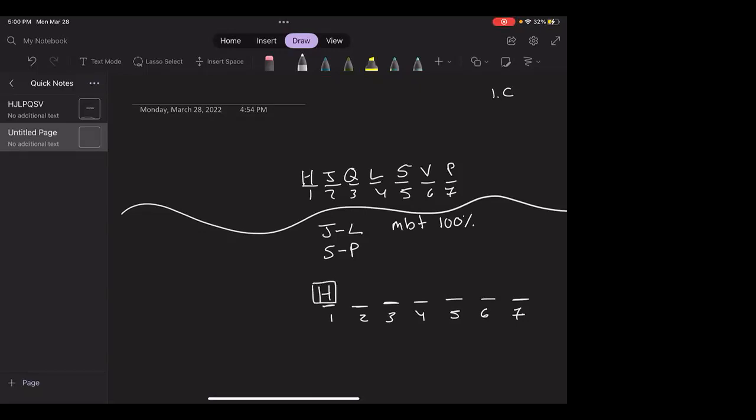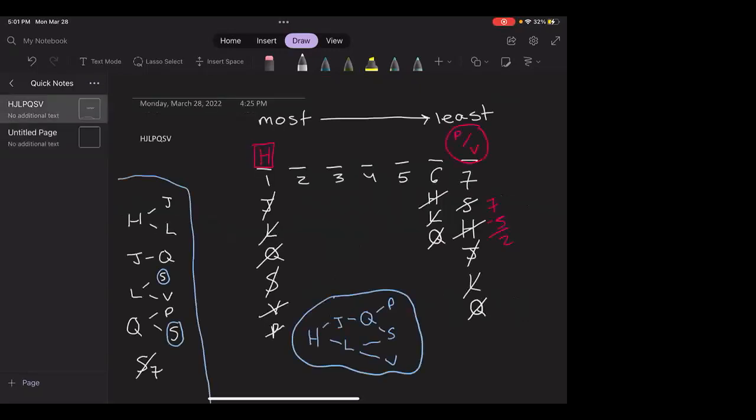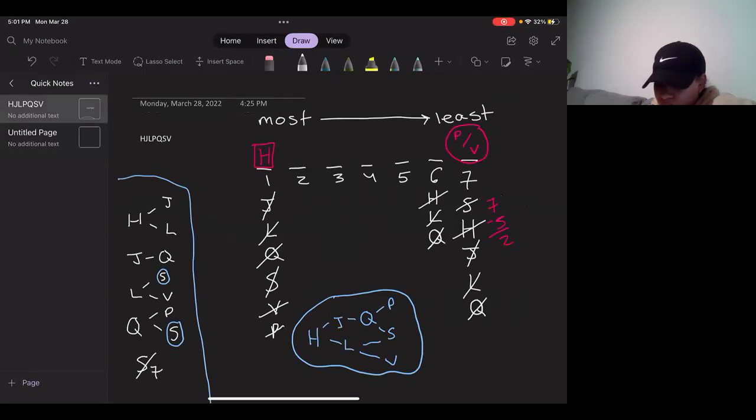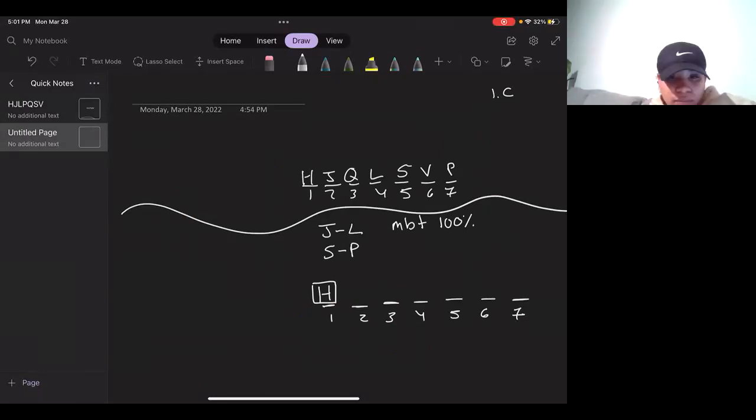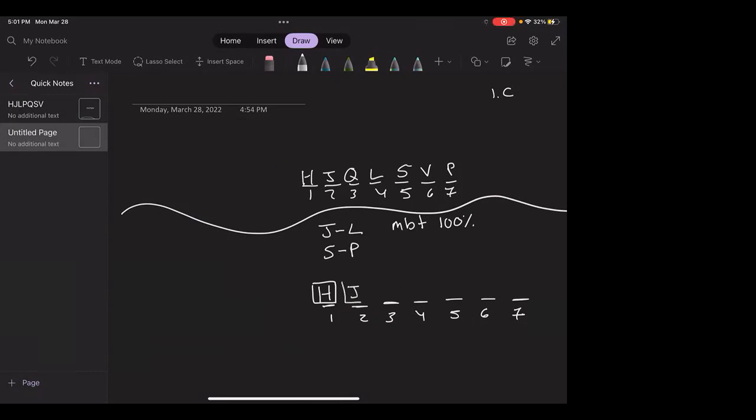And we have J before L. So going back to our main diagram and our main chain link, we have H, then stemming J and L. The only two people that can go in spot 2 are J and L. And so if J comes before L, that means L can't be 2, right? So who has to be there? J. Yeah. There you go.